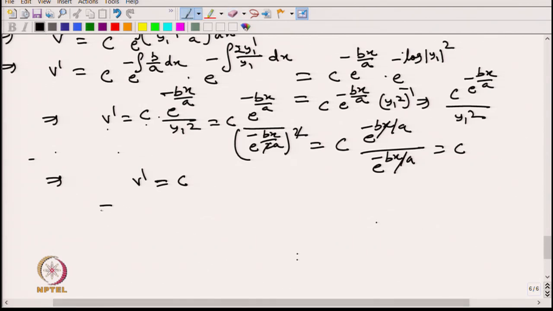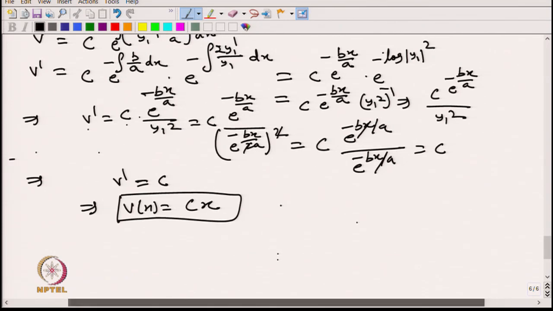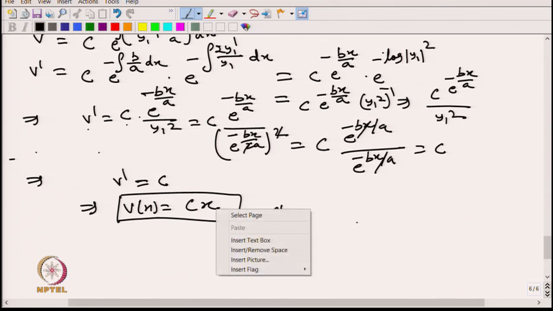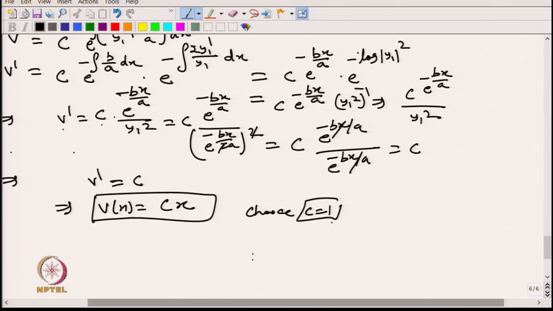From here I will take the integration both side with respect to x, and I will get Vx will be integration c dx. So, just for the simplicity I will choose c is equal to 1. Because I need only one solution, this is a class of solution and I need only one solution for this one, so I choose c is equal to 1.